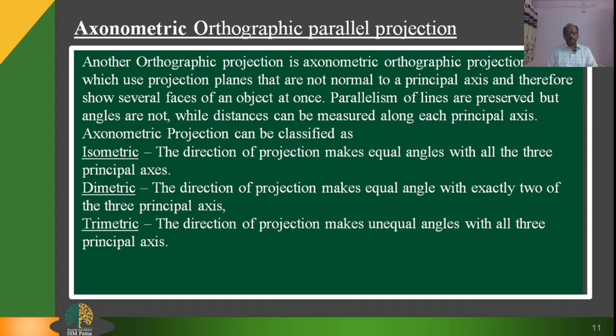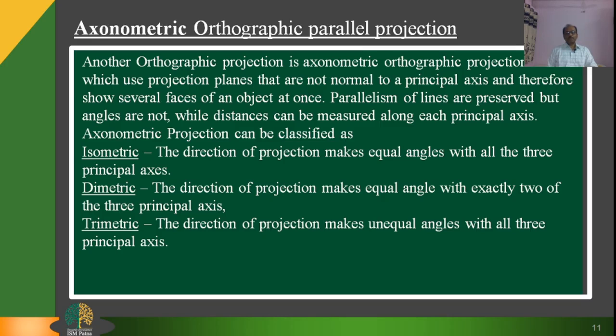Another orthographic projection is axonometric orthographic projection, which uses projection planes that are not normal to a principal axis and therefore shows several faces of an object at once.